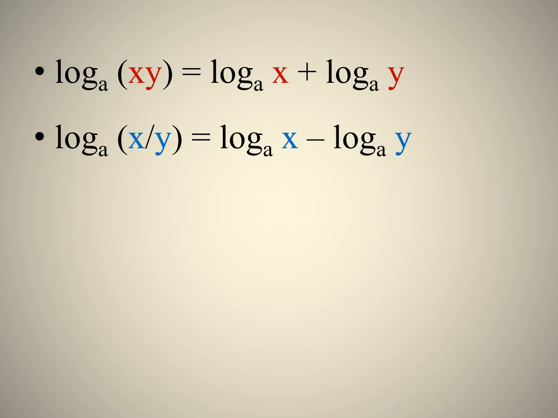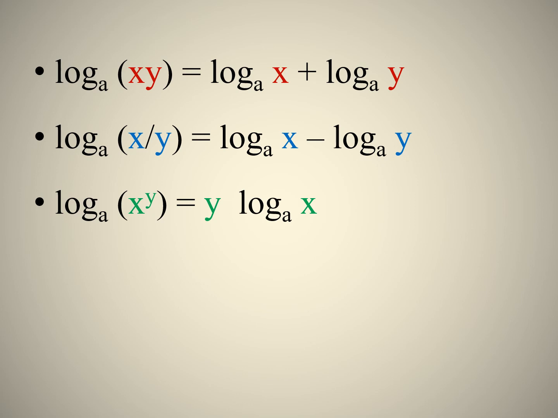Now, log x by y to the base a equal to log x to the base a minus log y to the base a. That is, the logarithm of the ratio of x and y is the difference between logarithm of x and logarithm of y.